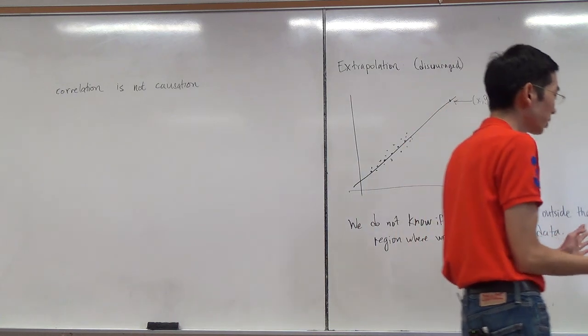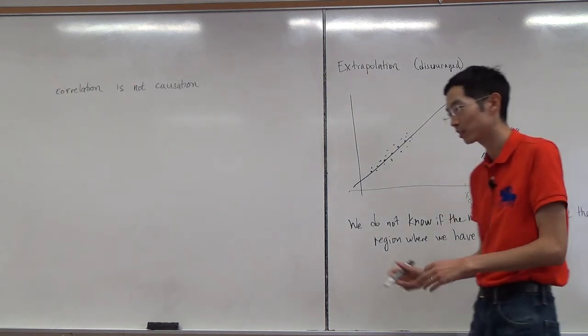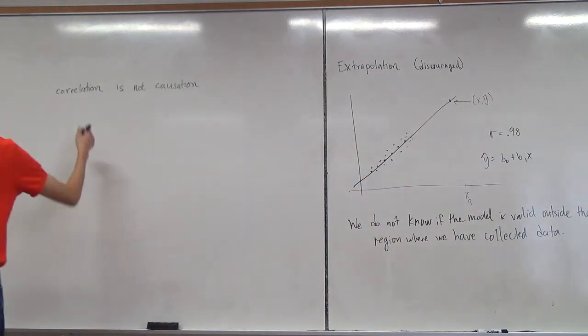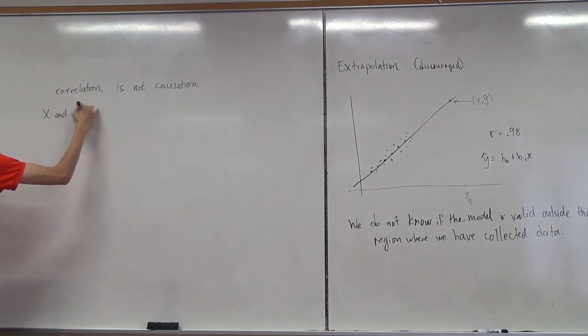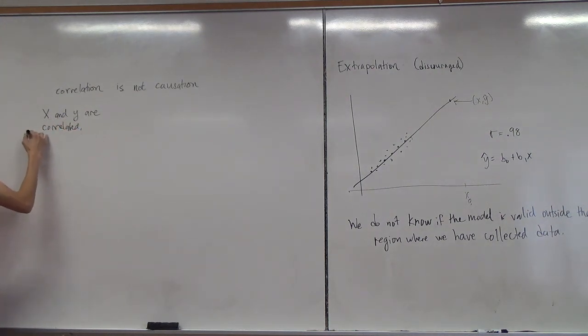There's probably something linking the two together. However, that relationship may not necessarily be that the x variable causes the y variable, okay? So x and y are correlated. There's very likely to be some kind of relationship, okay?